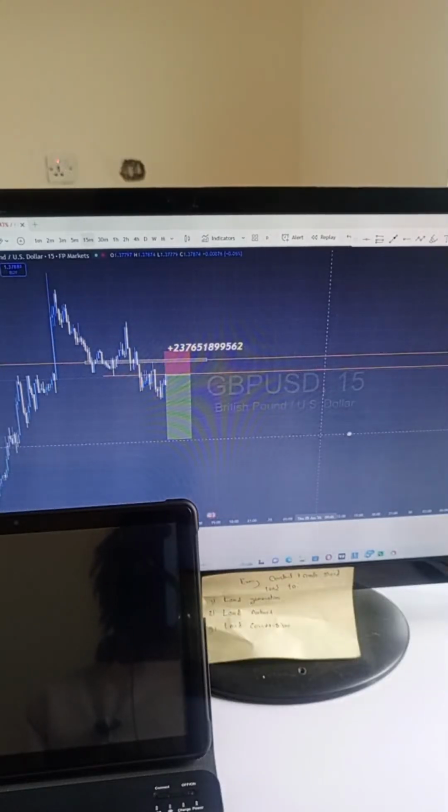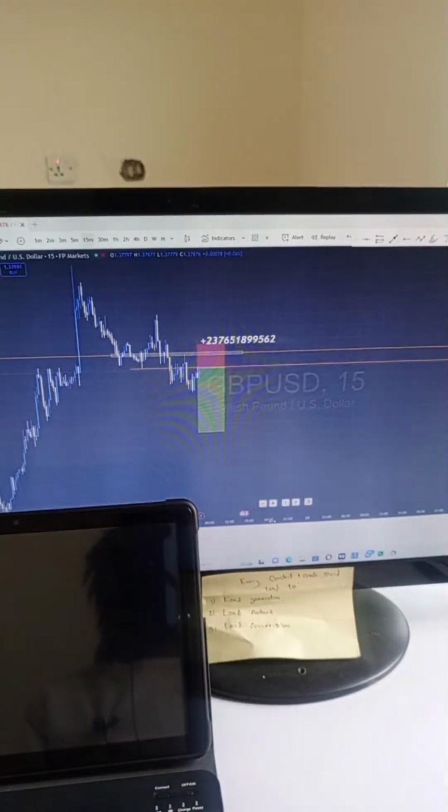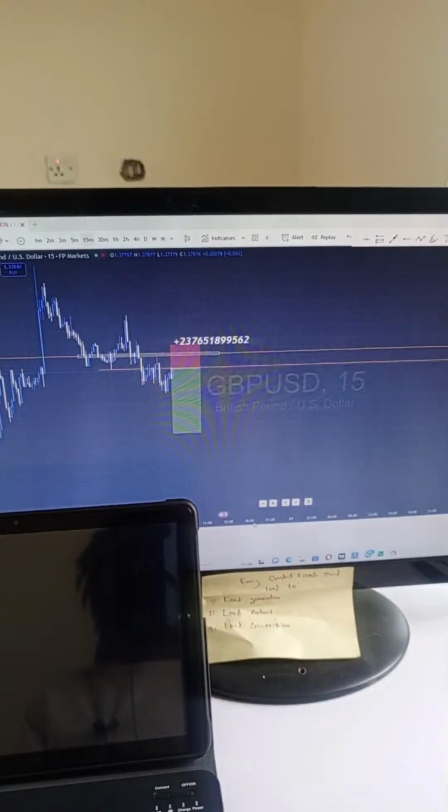That's why we had to come down to the lower time frame to look for a possibility to scale in.